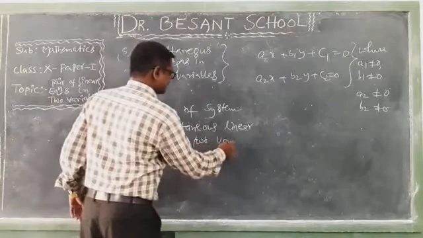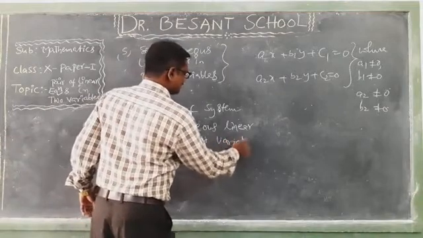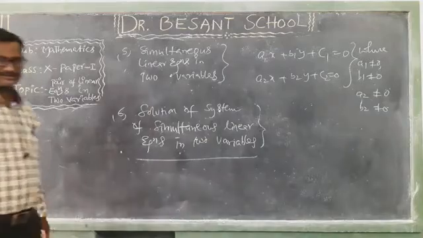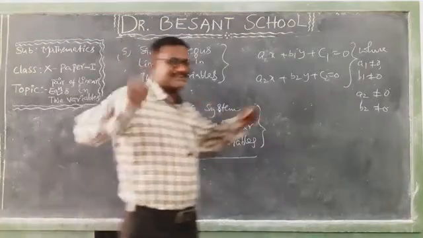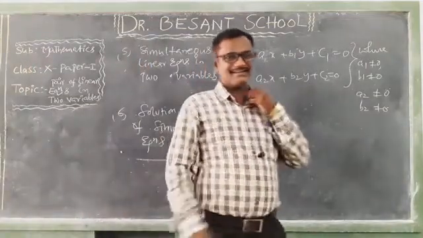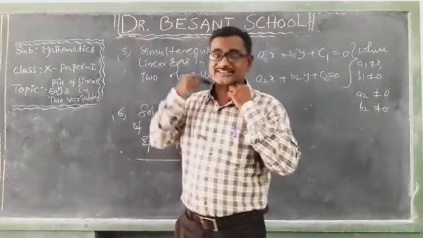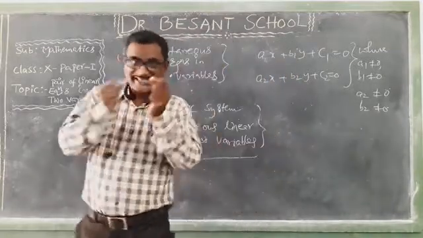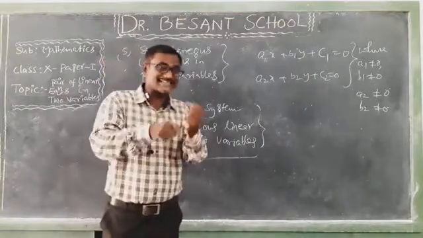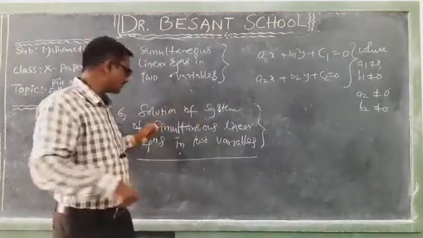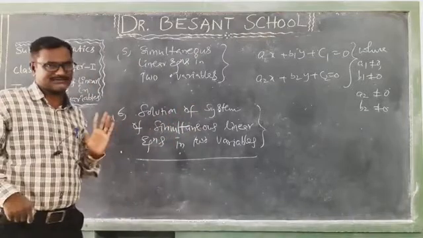A pair of values of x and y satisfying each one of the system of given equations is called a solution of the system of simultaneous linear equations.